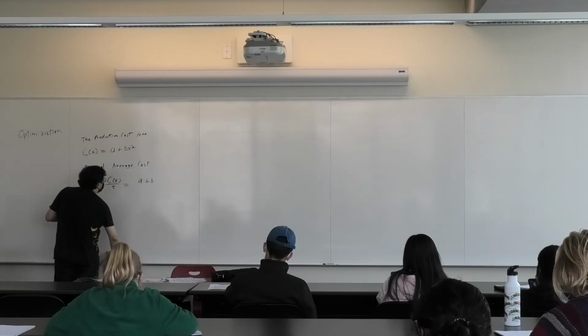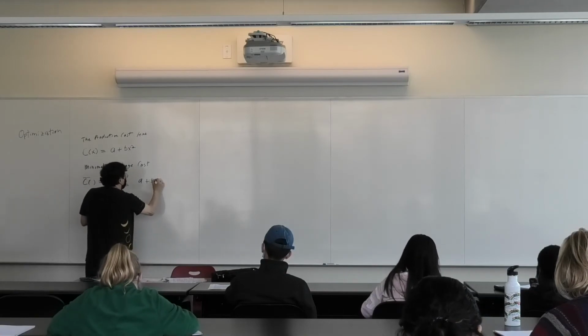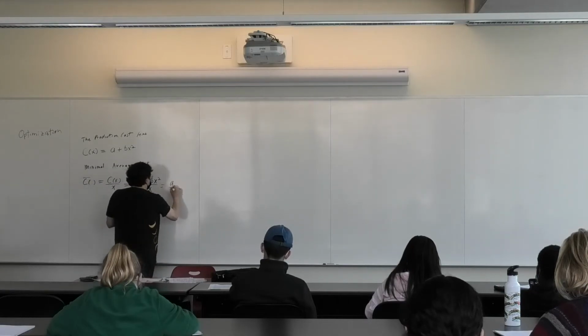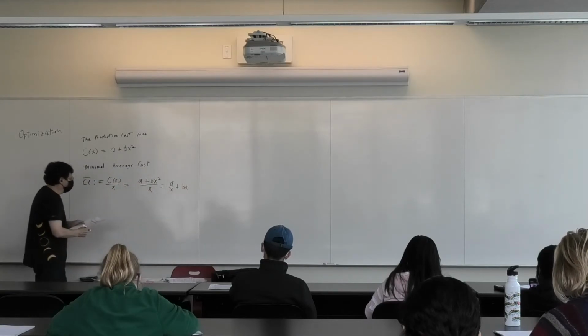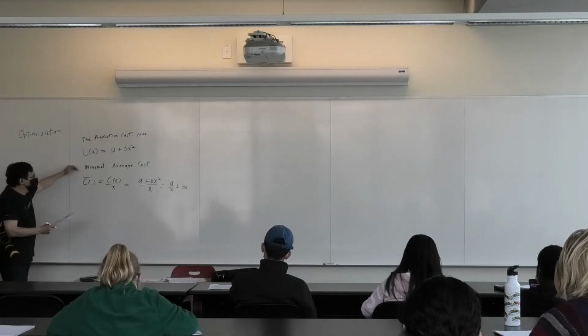Okay, my mistake. I had it right. So this is A plus bx squared over x, or A over x plus bx. That's our average cost per unit. And we want to find the minimum of this function.